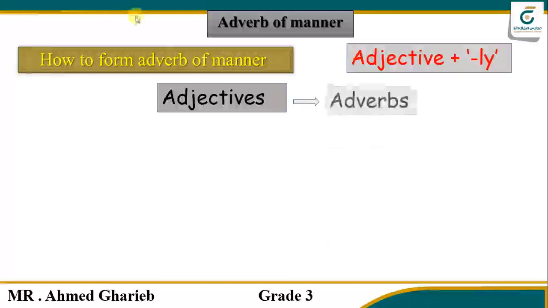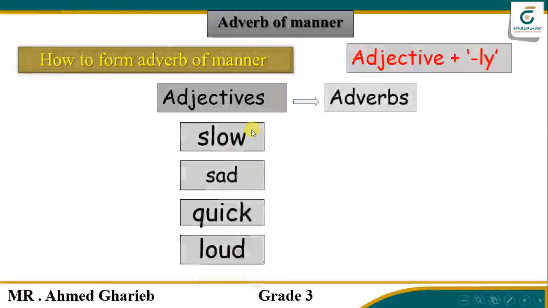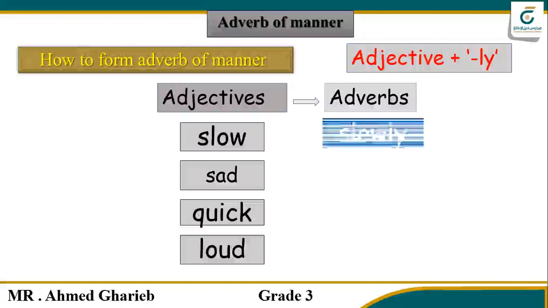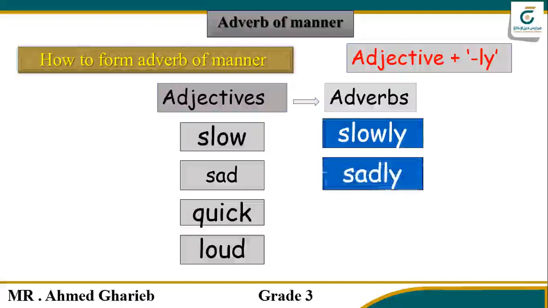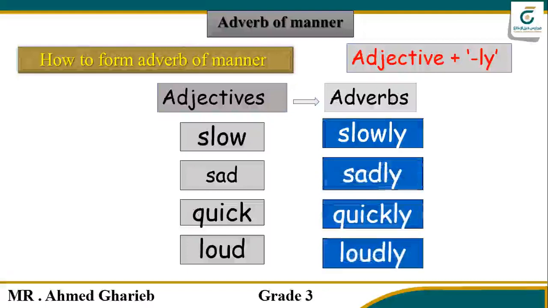We have some adjectives here: slow, sad, quick, loud. If you want to form adverb of manner, what do we do? The rule is so easy. Just add ly. Slow will be slowly, sad, sadly, quick, quickly, loud, loudly. Adjective plus ly. Let's see what's next.